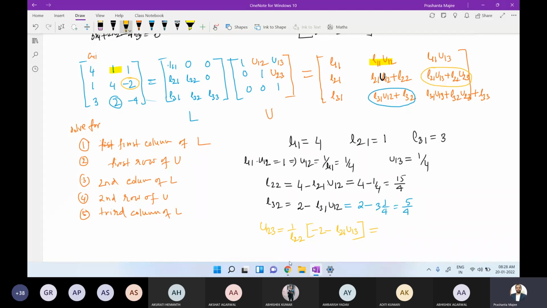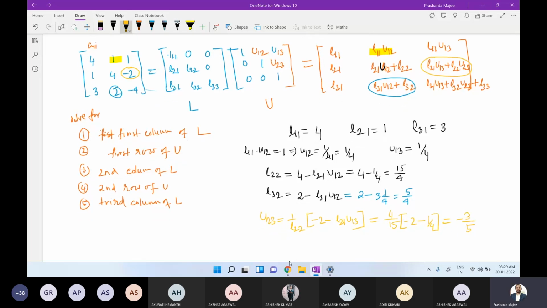L22 is 15 by 4, so 4 by 15 into minus 2 minus L21, which is 1, into U13, which is 1 by 4. So minus 2 minus 1 by 4. Simplify it. So it will be minus 3 by 5. So the second row of U is done.